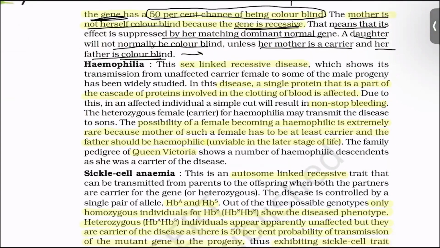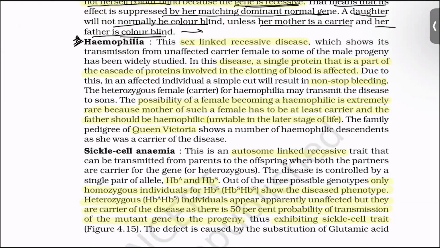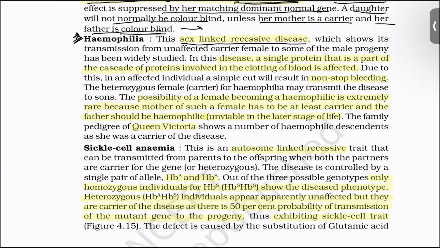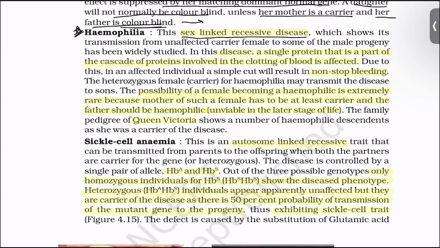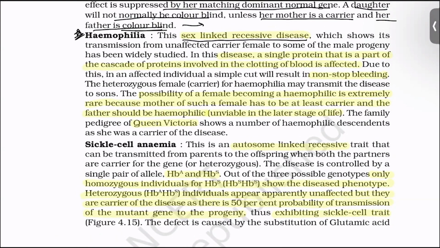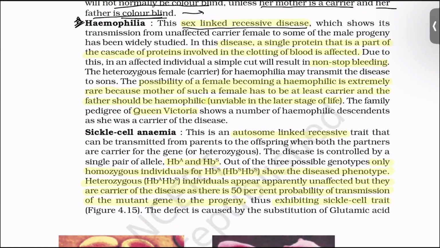Now coming to hemophilia, the concept is similar to color blindness. This is also a sex-linked recessive disease, so the inheritance will be similar to color blindness. So I'm not going to explain it here; rather we'll see the phenotypic aspect. In this disease, a single protein that is part of a cascade of proteins involved in the clotting of blood is affected.